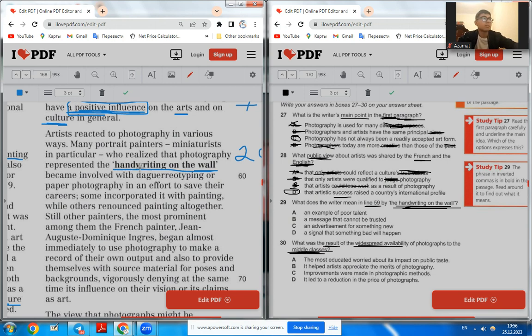Why did he or she mention it? It was because the writer is talking about some bad things. Let's go to choices. An example of a poor talent. Nothing about photography being poor talent.